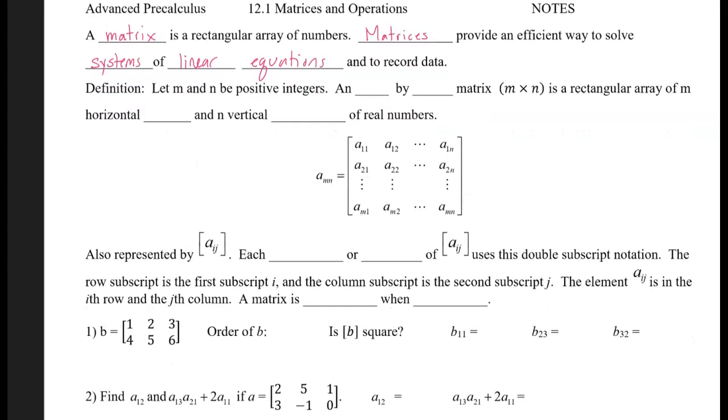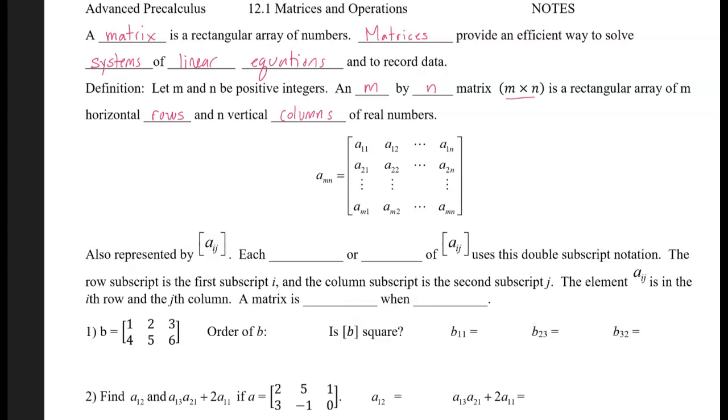Now, by definition, if we let n and m be positive integers, then an m by n matrix, written like m times n, is a rectangular array of m horizontal rows and n vertical columns.